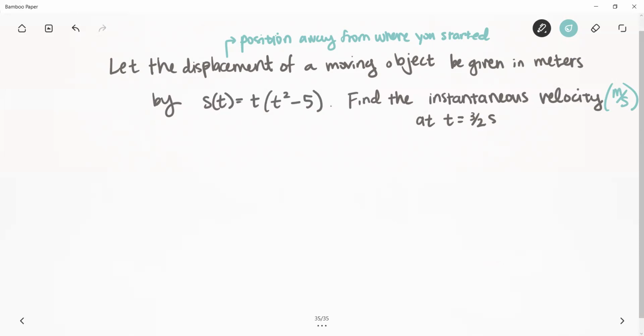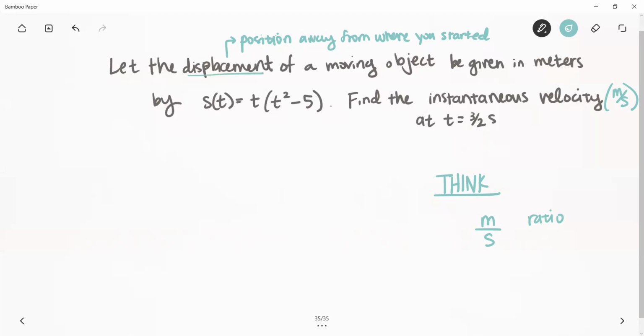So if you think about just the units, this should tell you exactly what you're trying to find. When we see meters per second, this is a ratio. And if we think of, okay, what did we know was given in meters?